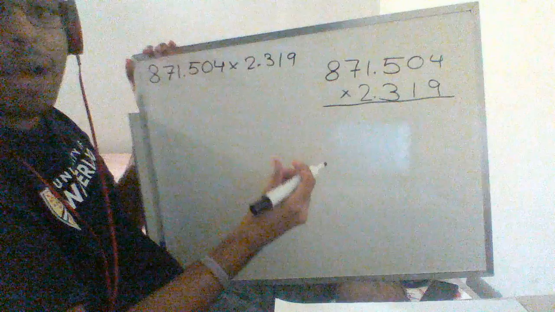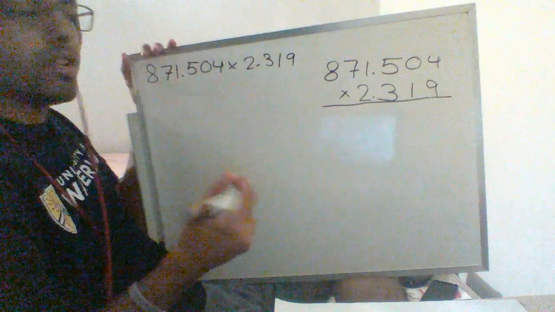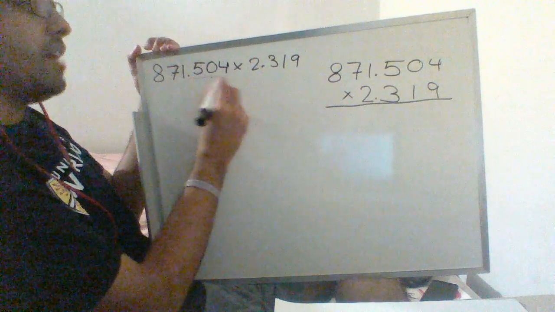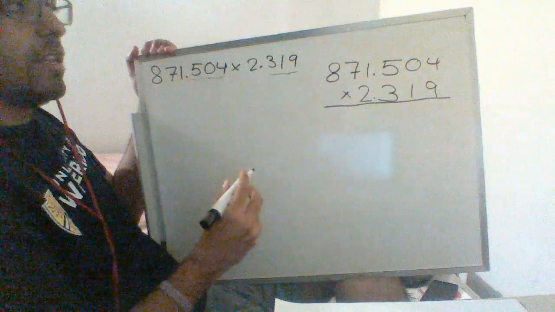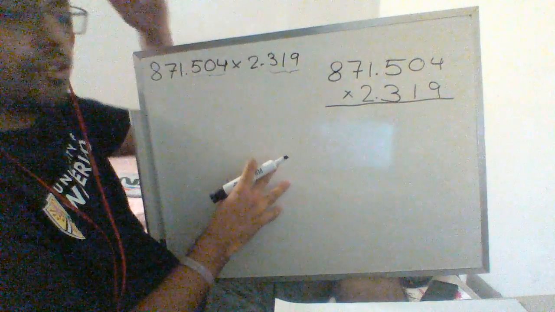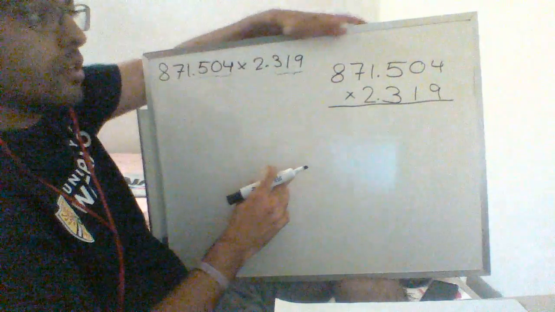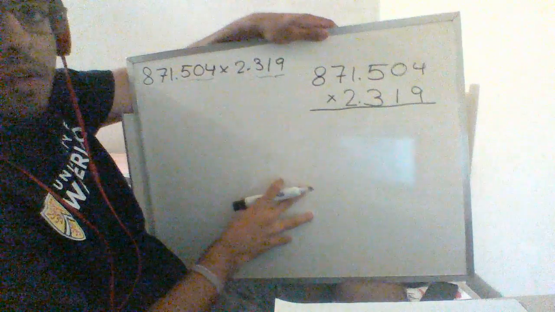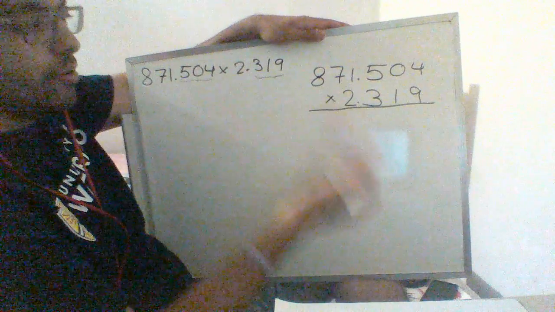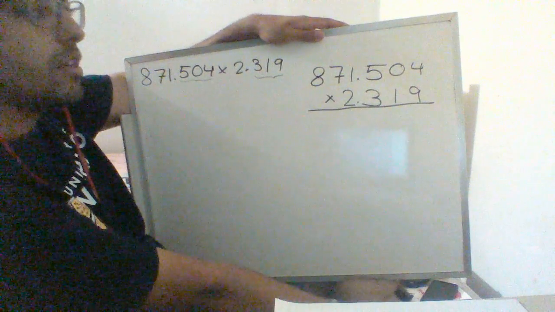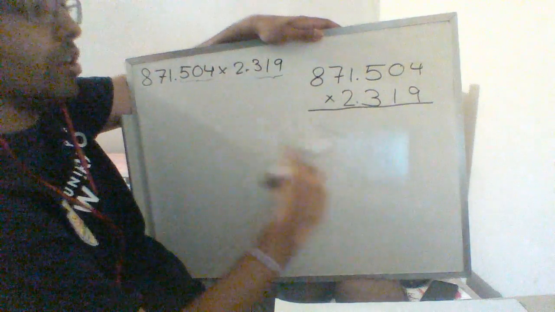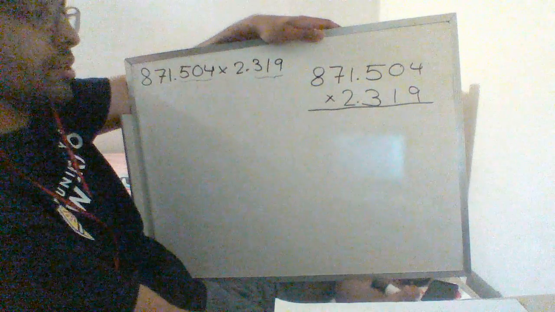In this problem, it just happens to work out that way, and it would have worked out that way for the previous problem because we have the same number of digits behind the decimal point. But in general, you don't have to worry about that. So for this, we're going to go through the problem as though there were no decimal points, and then we'll just chuck in the decimal point in our final answer once we finish all of the multiplication and the addition.